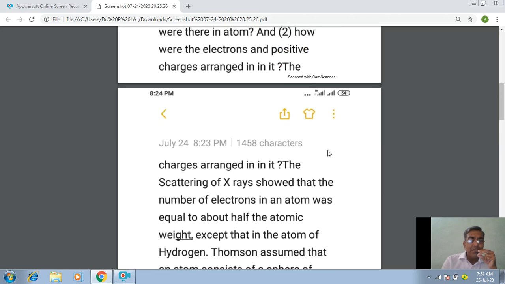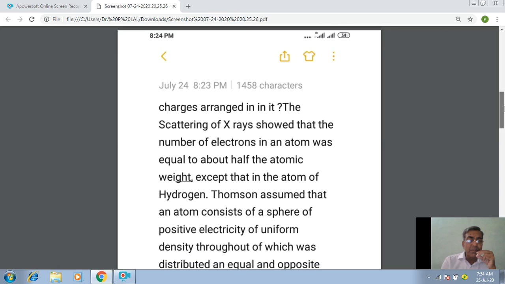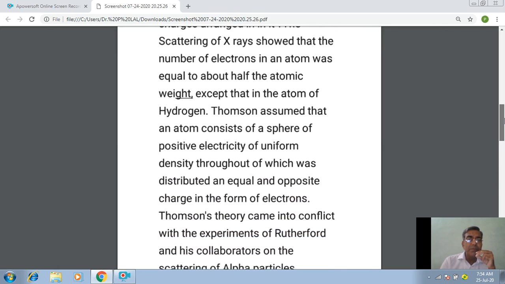The scattering of X-rays showed that the number of electrons in an atom was equal to about half the atomic weight, except in the atom of hydrogen.